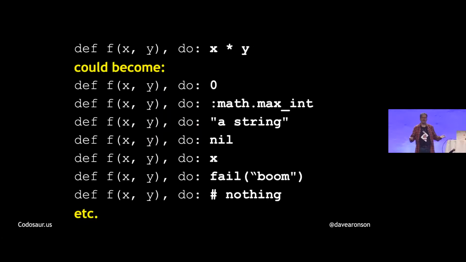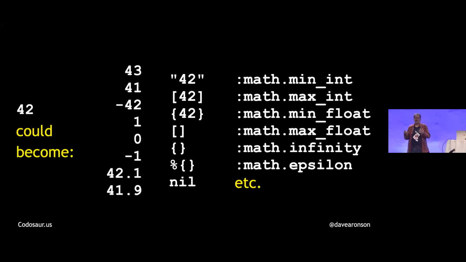It can replace a function's entire contents with returning a constant, returning either of the arguments alone, raising a deliberate error, or nothing at all if the language permits. It could change a value to another value, such as any of these or many, many more. And I know some of those math constants don't really exist on the BEAM. They're just there for illustration purposes.